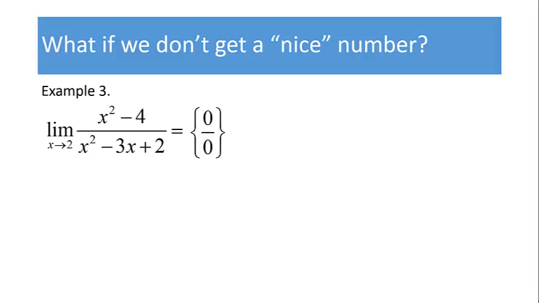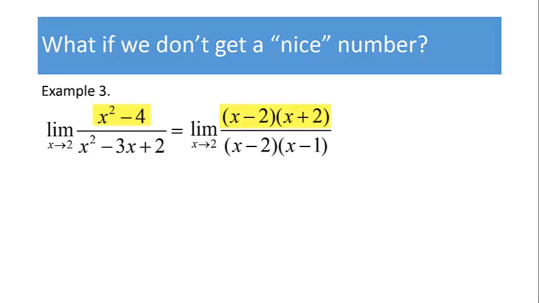So let's return to our example of x squared minus 4 divided by x squared minus 3x plus 2 as x approaches 2. Notice that we can factor both the numerator and the denominator. We can rewrite the numerator as x minus 2 times x plus 2, and the denominator as x minus 2 times x minus 1.